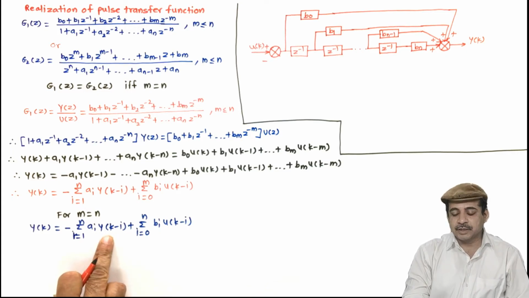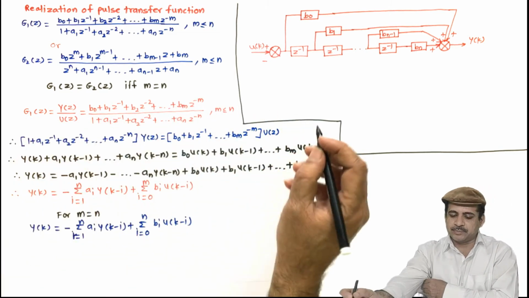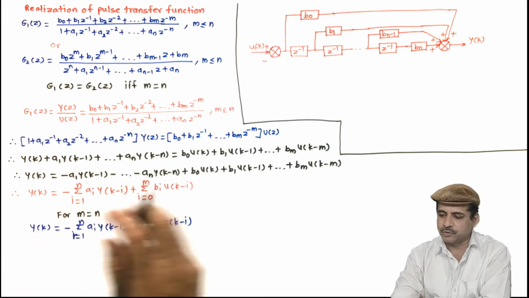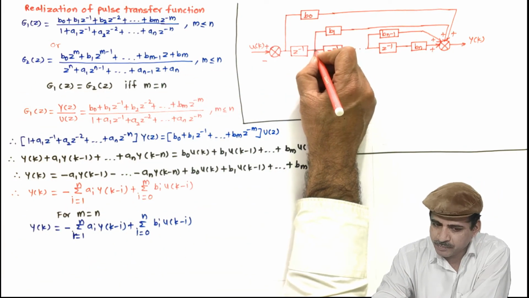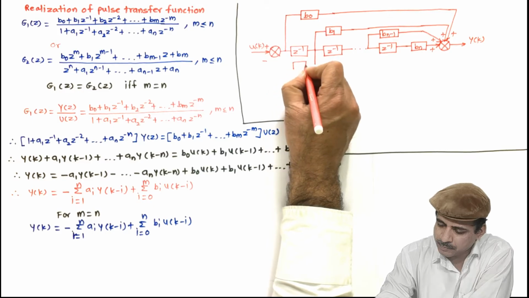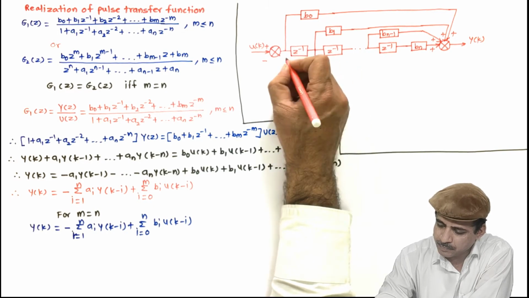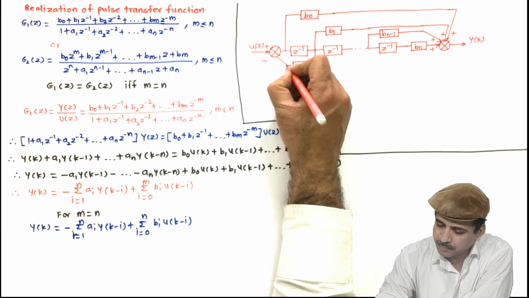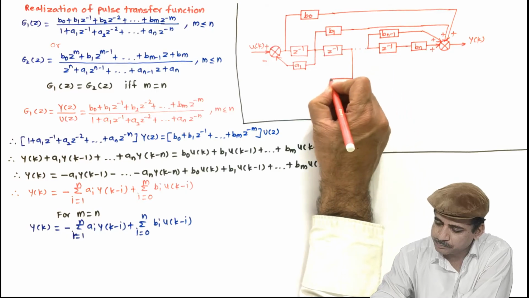And these terms are subtracted. So these terms will be generated, for example a1 y of k minus 1 will come from this. From this a2 will come.